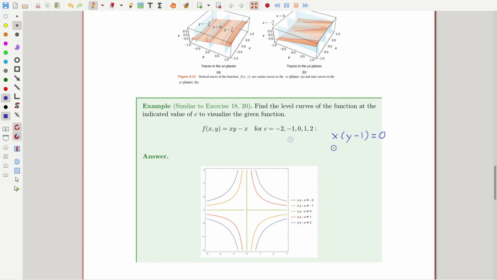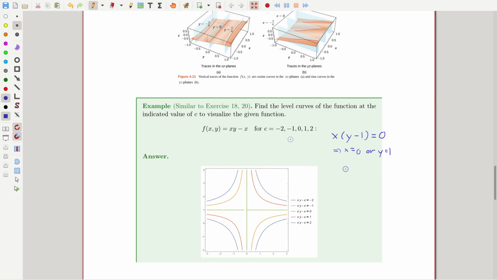So this tells me that either x is equal to 0 or y is equal to 1. Maybe I should say or here, just to make it abundantly clear: x is equal to 0 or y is equal to 1. And so that ends up giving you this level curve that is in green. So it's the degenerate hyperbola.